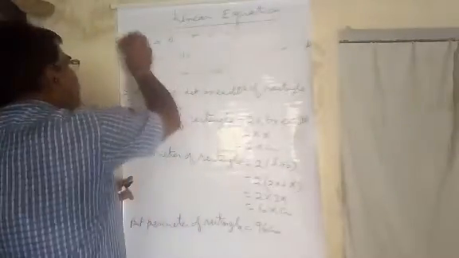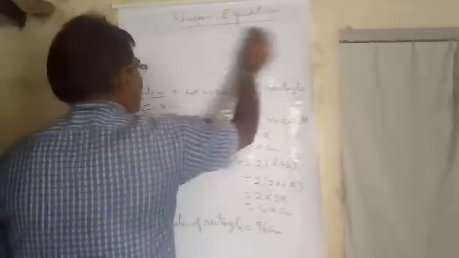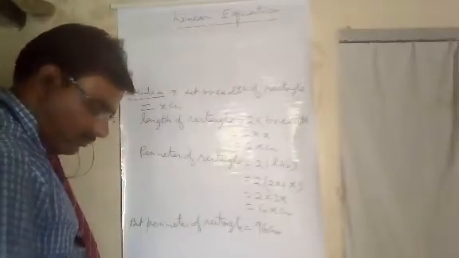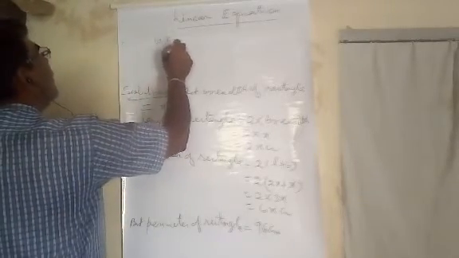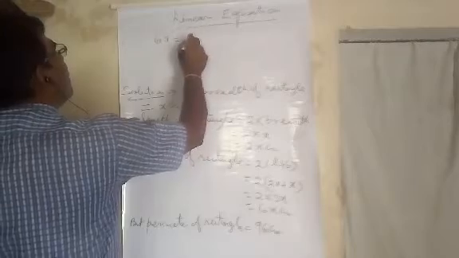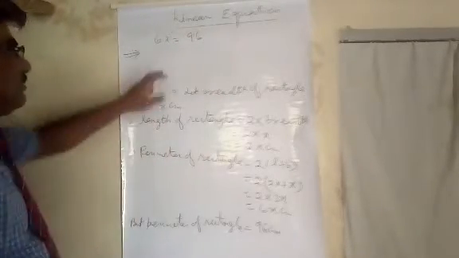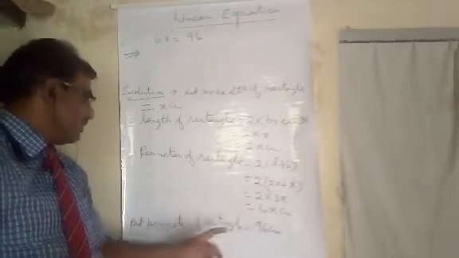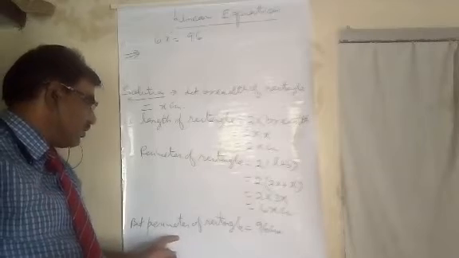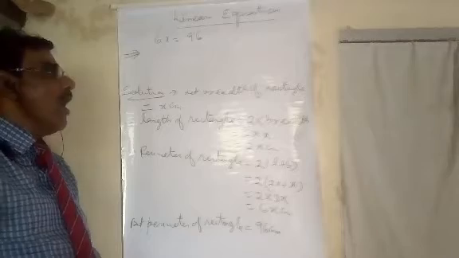Therefore 6x equals 96, because this is also the perimeter of the rectangle and this is also the perimeter given. So both will be equal.